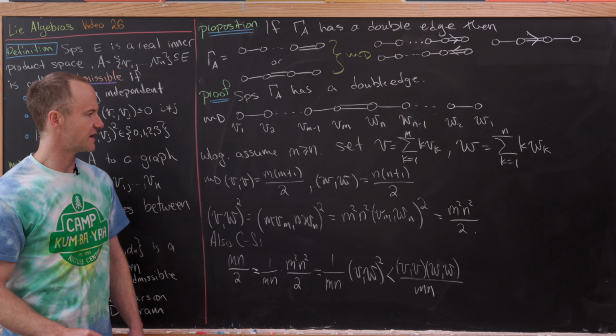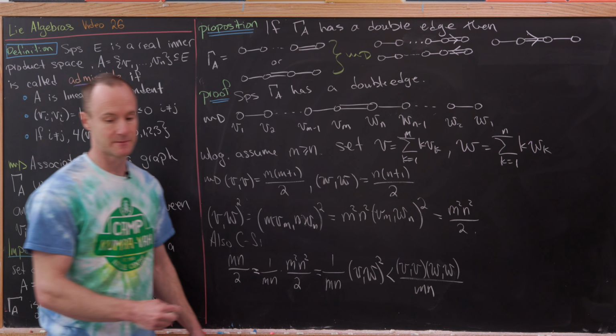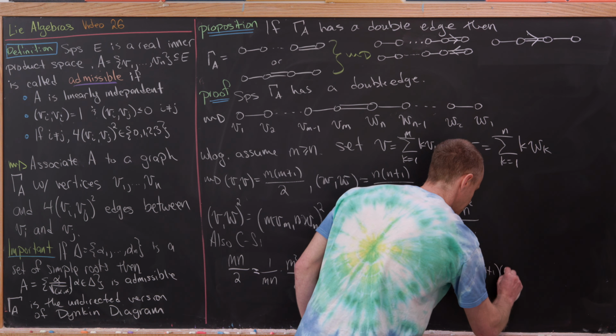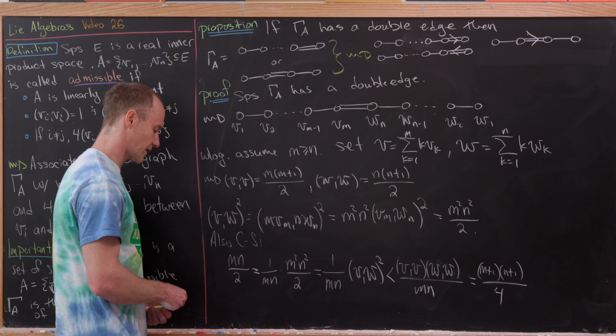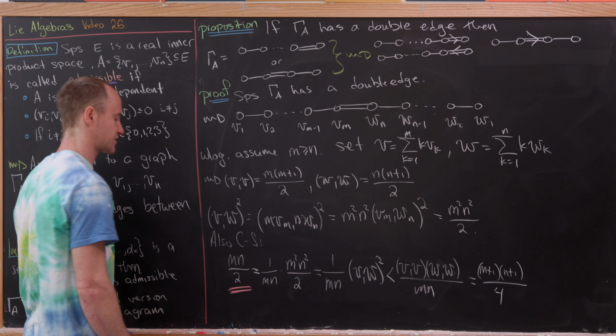But then look at this. We know the inner product of v with v and w with w, so we can use that. And that's going to give us m plus 1 times n plus 1 all over 4. Okay, nice. So now let's look at this. We've got this thing on the extreme left-hand side.